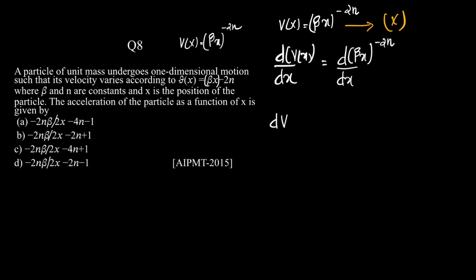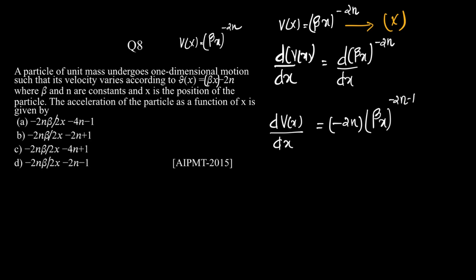Now, d by dx of (beta x) to the power minus 2n will be equal to minus 2n into (beta x) to the power minus 2n minus 1.